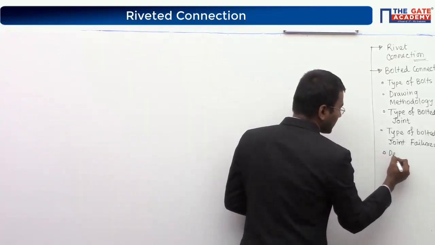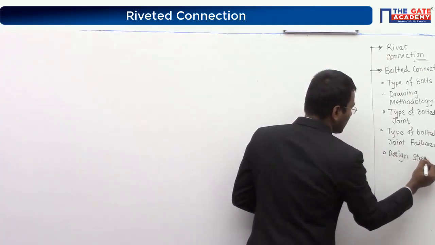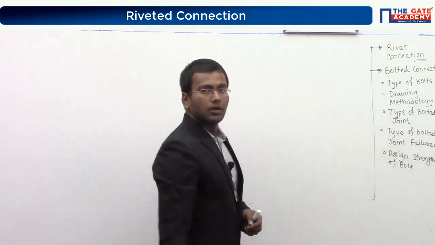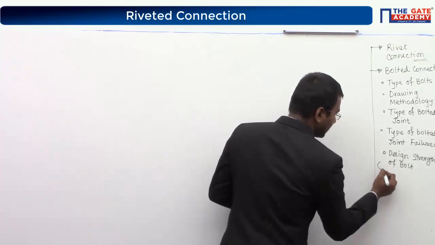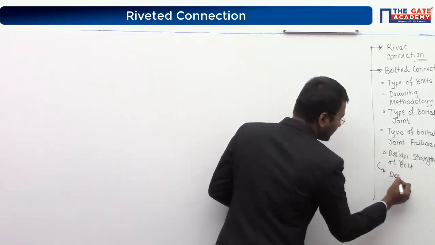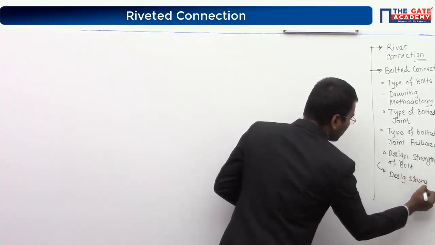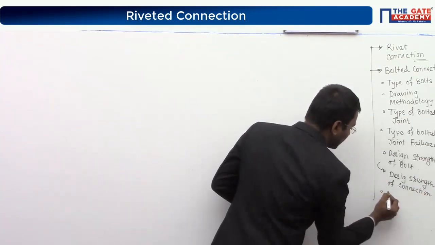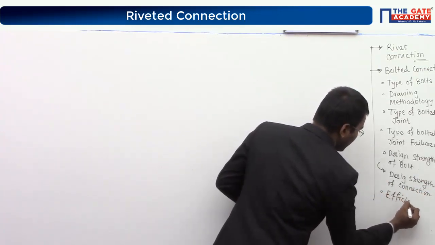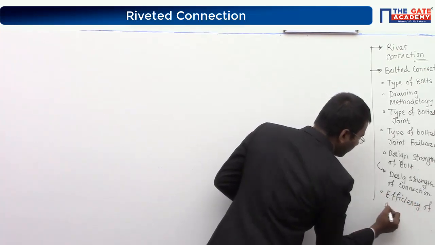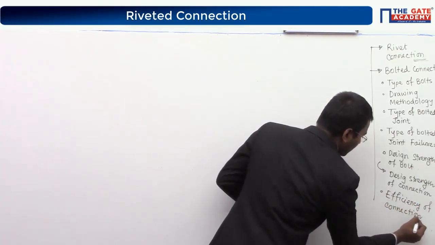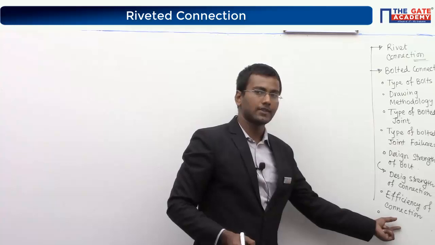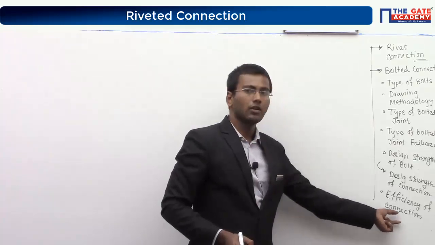First one, type of bolts, drawing methodology, type of bolted joint, type of bolted joint failures. After that, we will discuss design strength of bolt, and after this we will discuss design strength of connection. Then we will discuss efficiency of connection. We will discuss your concept of bracket plate.